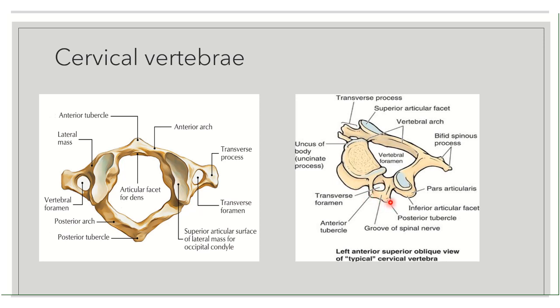So some muscle fibers take origin from these tubercles and some are inserted onto these bony landmarks. So this was important to show you. Keep in mind that the transverse process of a typical cervical vertebra has an anterior tubercle and posterior tubercle, while the atlas vertebra has an anterior tubercle and posterior tubercle along its arches.